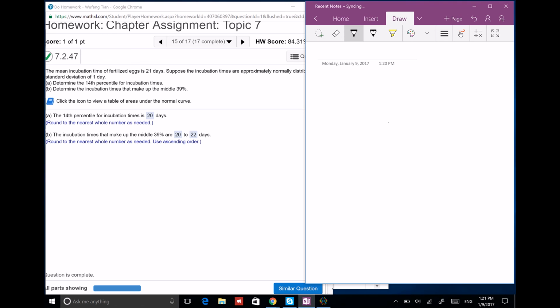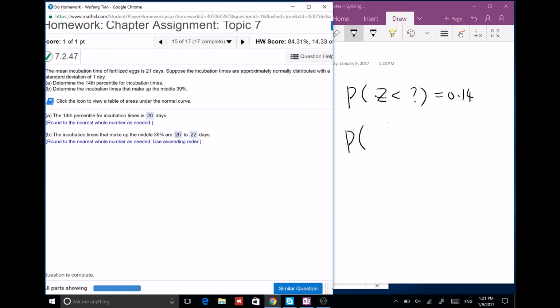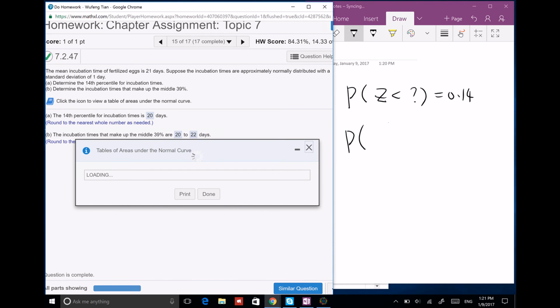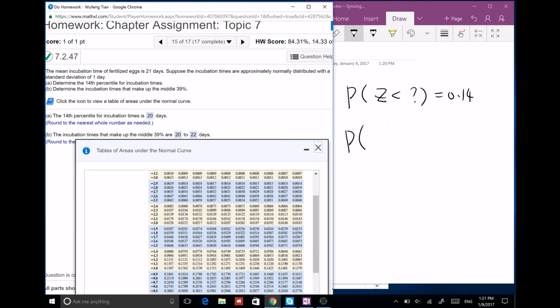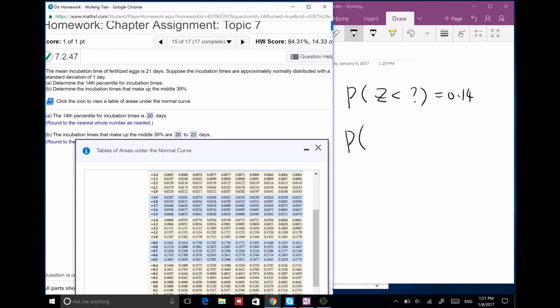Next one, 14th percentile. Basically it means giving you z less than something equals 0.14. Okay, so you find that number. So what is the 0.14? 0.14 is here, negative 1.08.